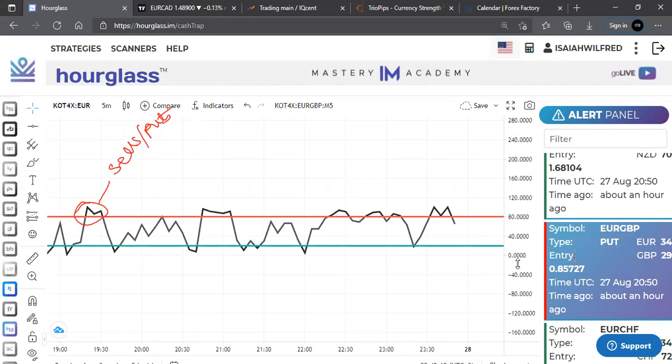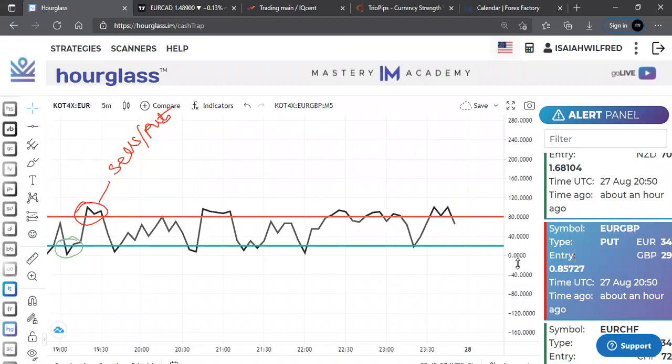You know that the market is like a battle between buyers and sellers. So at some point, this black line was in the buy area, right? The green line represents that the buyers are in control, and the red line represents that the sellers are in control.